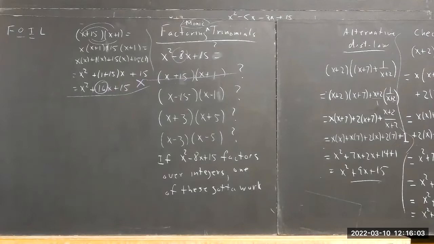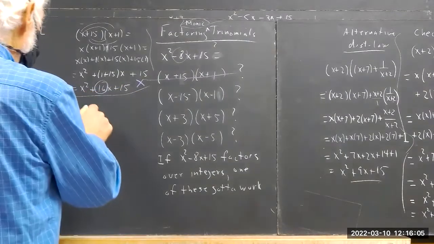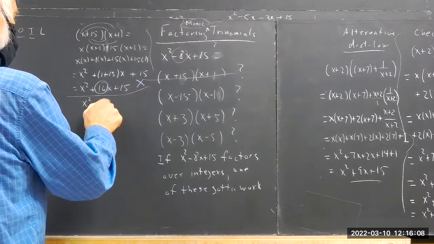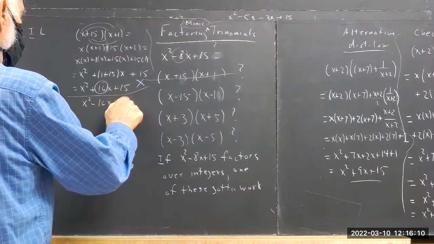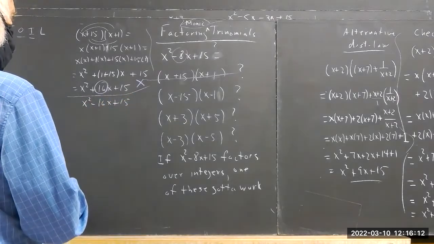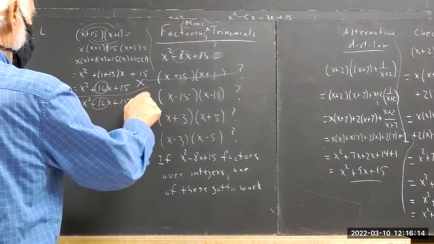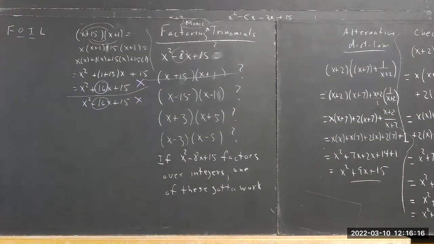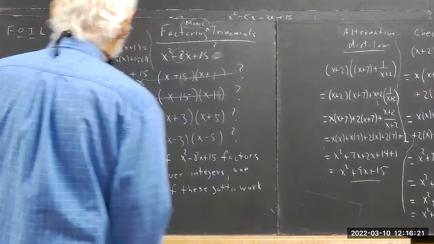Now, if we do the same thing here, this gives us x squared minus 16x plus 15. And again, the minus 16 doesn't work. It doesn't match the 8. So we cross out this possibility.